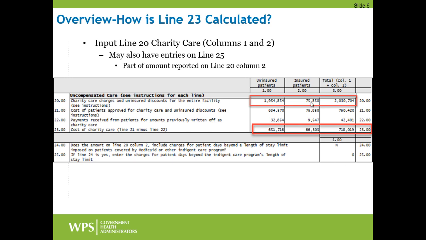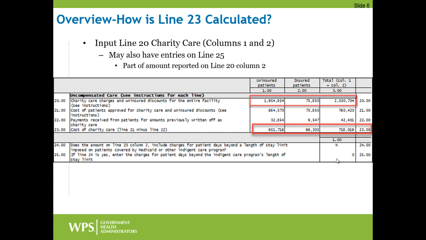The only reason it's reported in both places is so the cost reporting software knows how much of this line 20 amount to multiply by the cost to charge ratio to reduce it down to cost. In this situation, there were no line 25 items, so none of the amount in line 20 was multiplied by the cost to charge ratio.